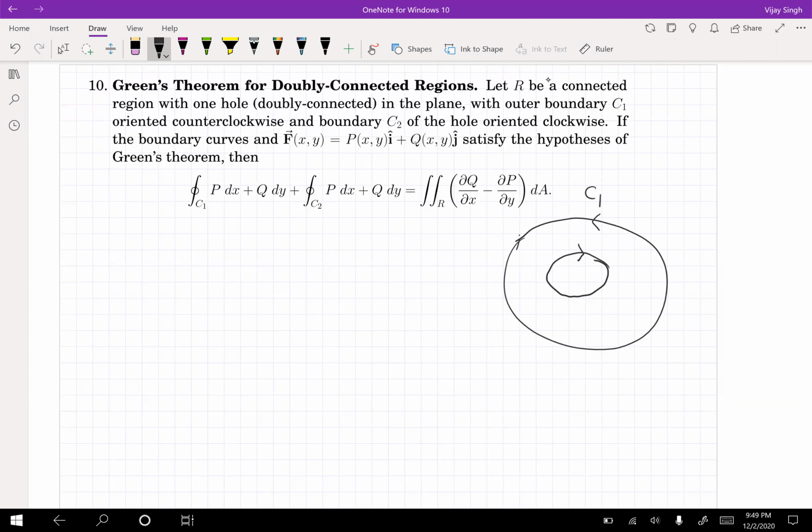If the boundary curves and the functions satisfy the hypothesis of Green's theorem, then the line integral on C1 of P dx plus Q dy, plus the line integral on the closed curve C2 of P dx plus Q dy, is the same as the double integral of dQ by dx minus dP by dy dA. So you see, it's an extension of Green's theorem, really.